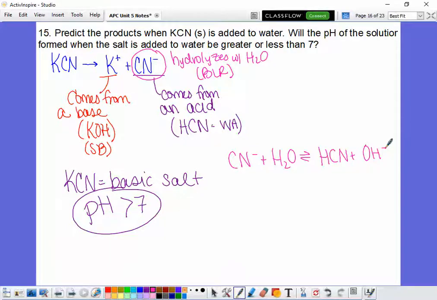HCN and OH-. Do you notice how we produce hydroxide ion, which indicates that this is a base? It would make H3O+. Exactly. Okay?